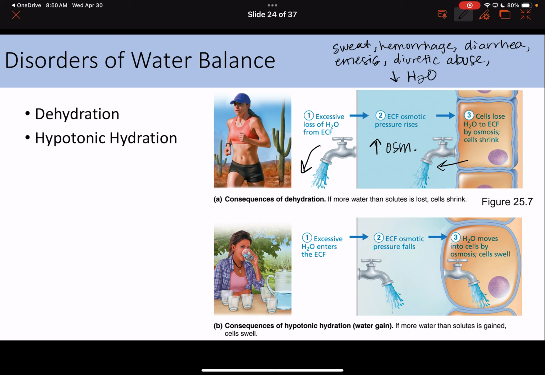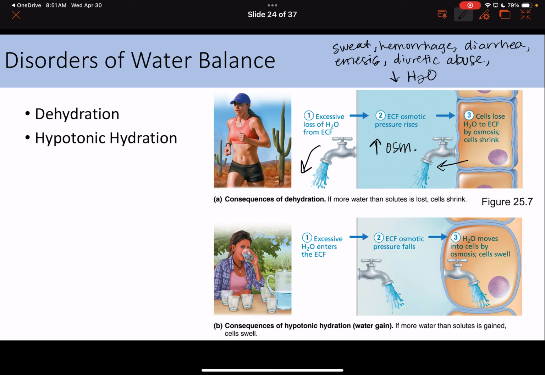And you're going to experience symptoms that are similar to a high volume blood loss that we talked about during the blood chapter. You guys remember what that's called? What was the clinical condition from blood where you have a high volume blood loss? Hypovolemic shock. So these people with severe dehydration will experience the same symptoms as that of hypovolemic shock.